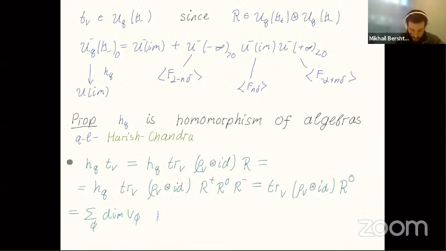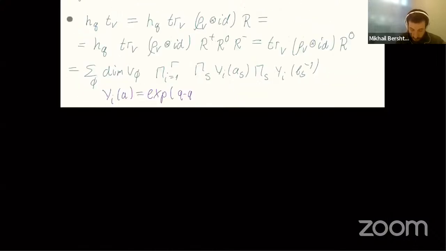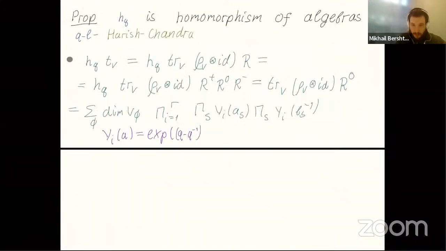So we have a product for i from 1 to r, product over s, y_i of b_s inverse, where this y_i of a is the exponent over q minus q inverse of h_i tilde of minus m a q inverse power m.